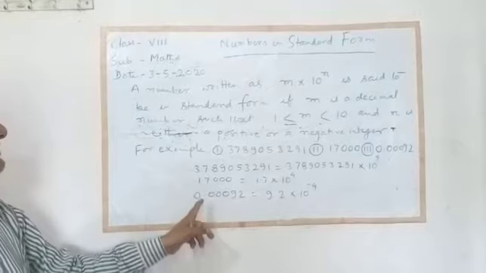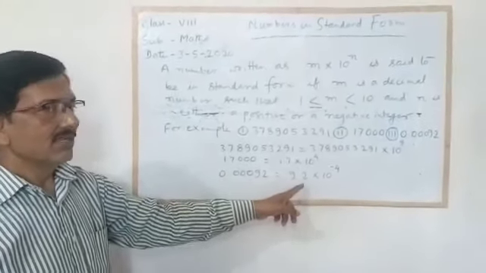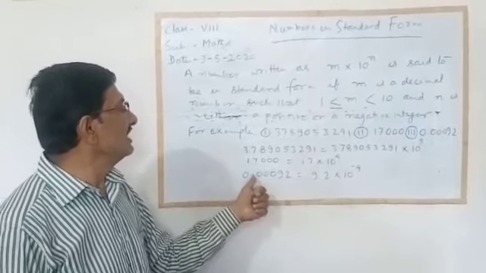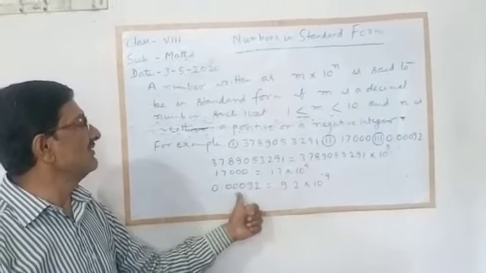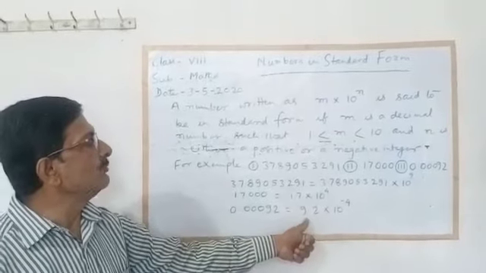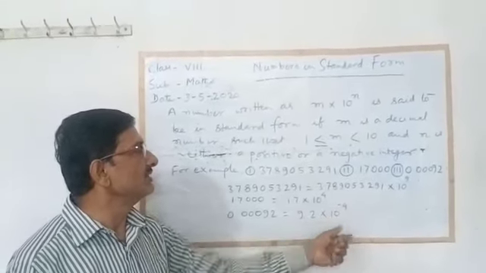For this we have shifted the decimal 4 digits forward. So we put the decimal just after 9. So the given number can be written in the standard form as 9.2 into 10 to the power minus 4.